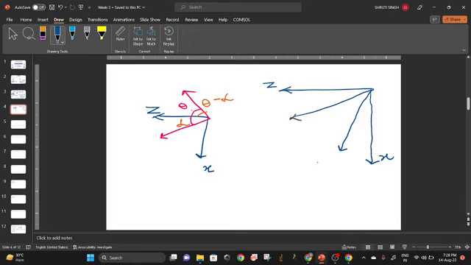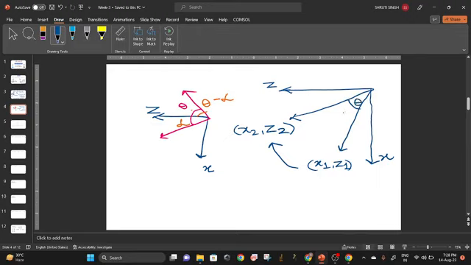So this is x1 z1. This is x2 z2. Now, is it anti-clockwise direction? No, this is clockwise, right? From here to here, this is clockwise. Now clockwise theta. So this is theta.